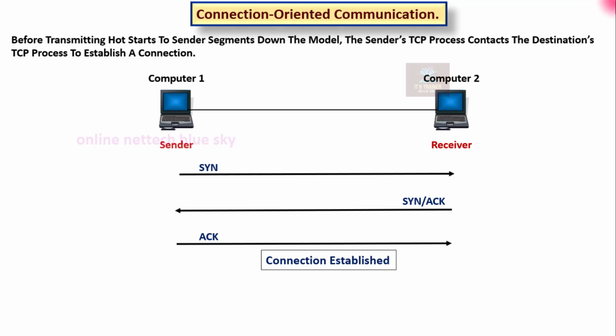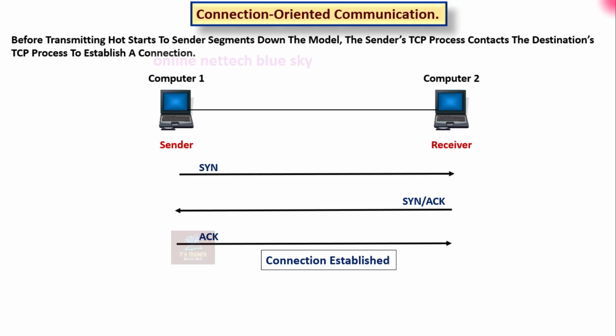So any type of device you can connect: your mobile connected to your tower system, your computer connected to another computer, one computer connected to your switch, network switch, any type of devices. So first establish a connection. This is the responsibility only of the TCP process, the TCP connection.